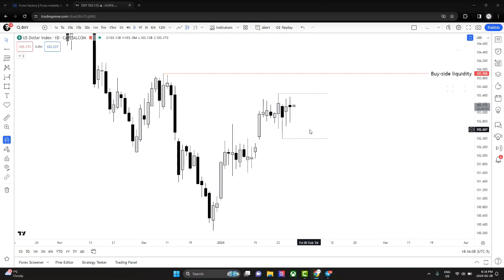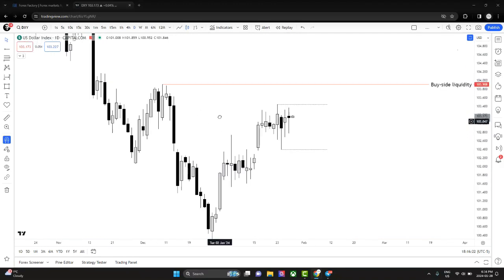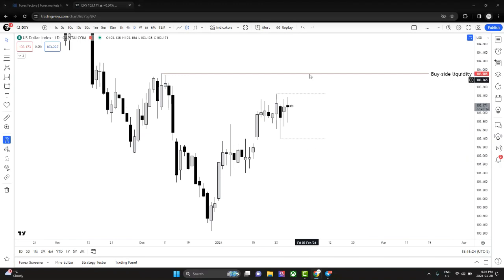So right now, nothing to do, but I've been talking about this for a while. My ultimate draw on liquidity is above these highs, into this imbalance right here. So we could see manipulation below this low and price go above, right? And we could even see price break above this high and then fall back into this range.